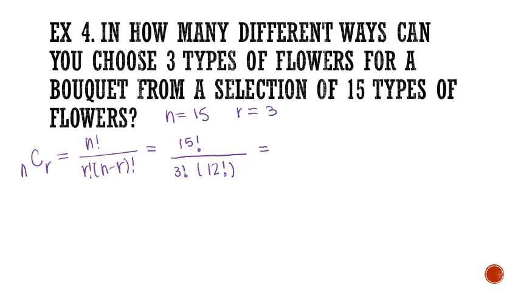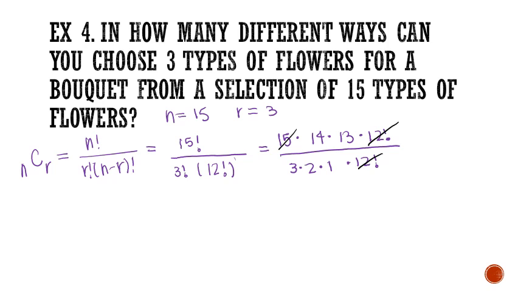Okay, so I'm going to write this out. So 15 times 14 times 13. Oh, then I see 12 factorial on the bottom here, so I'm going to leave the factorial here. And then you have 3 times 2 times 1 and 12 factorial. So I'm going to go ahead and cancel out the 12 factorial.